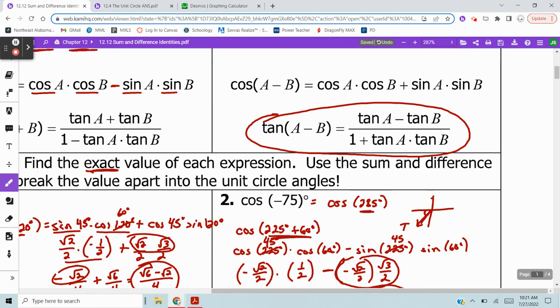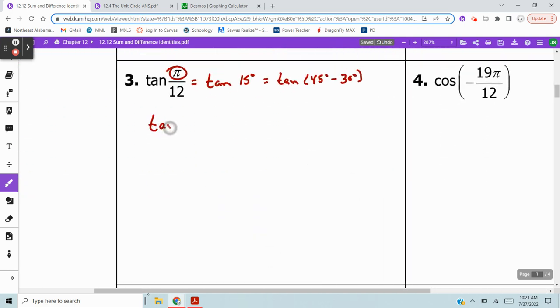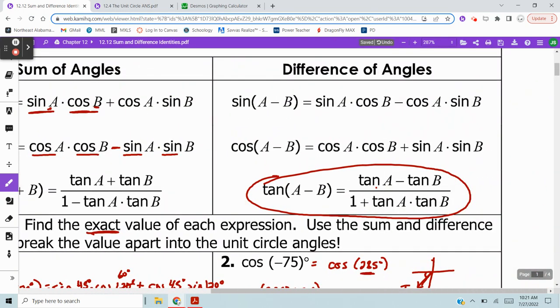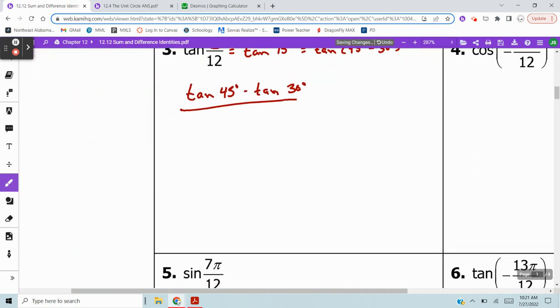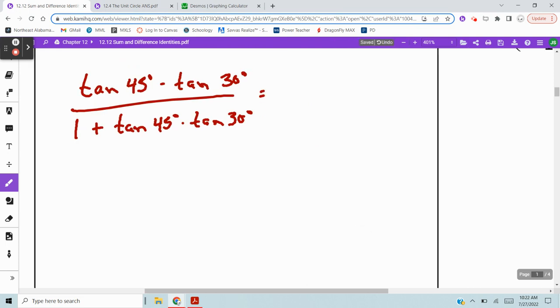The tan of A minus B, we have tan A minus tan B. So let's scroll down and do tan A, which would be 45, minus the tan B, which is 30, all over, and let's scroll back up and look at our identity, 1 plus tan A tan B. So on bottom we have 1 plus tan A times tan B. And again, from there on out, it is simply just evaluating each exact value.